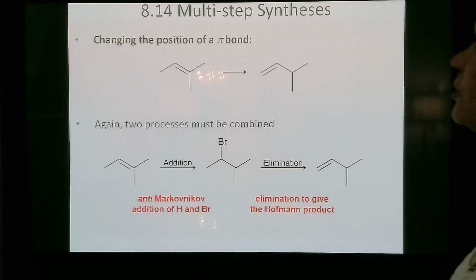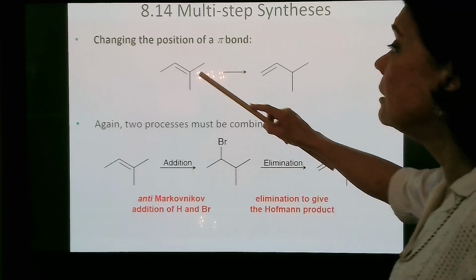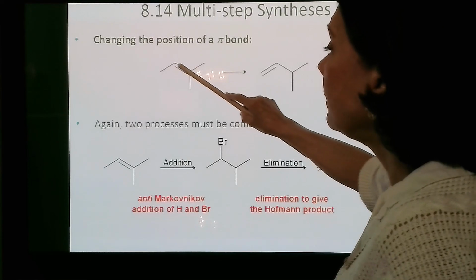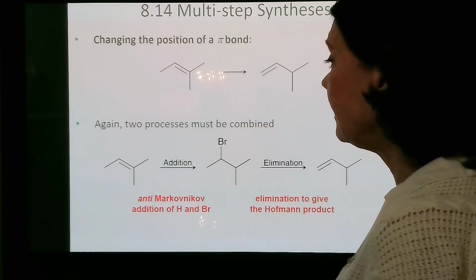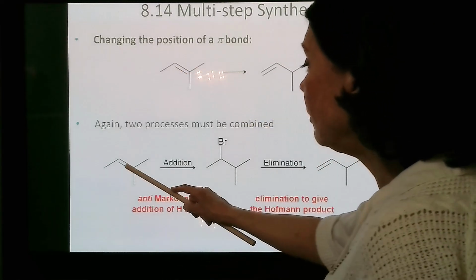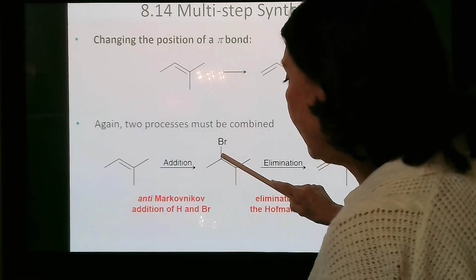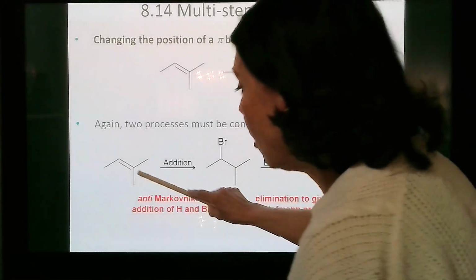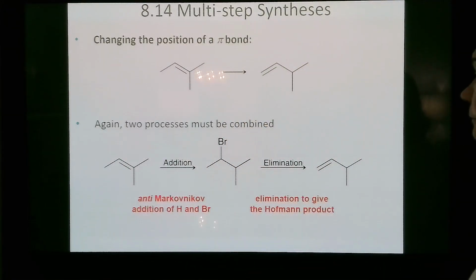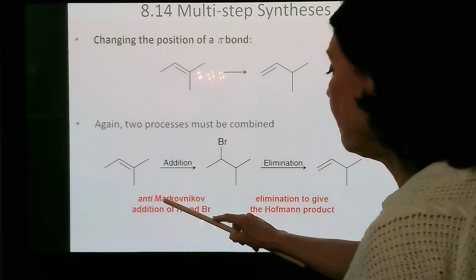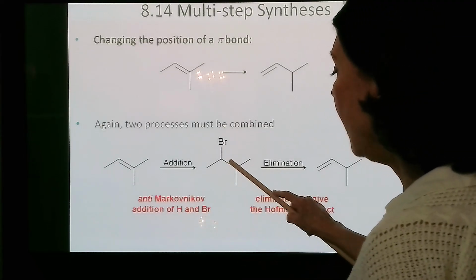And you can change the position of a pi bond also. So here you're going from a more highly substituted alkene to a less highly substituted alkene. You can add HBr across, anti-Markovnikov addition of hydrogen and bromine.